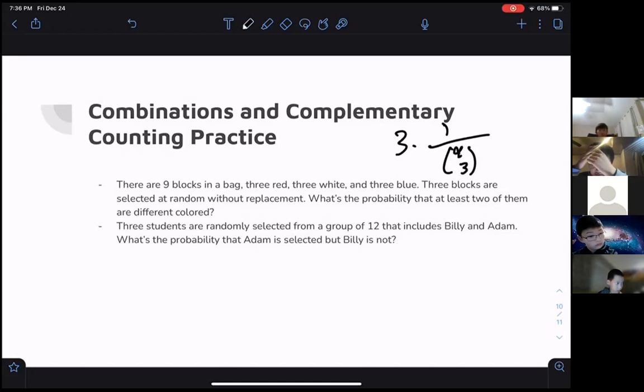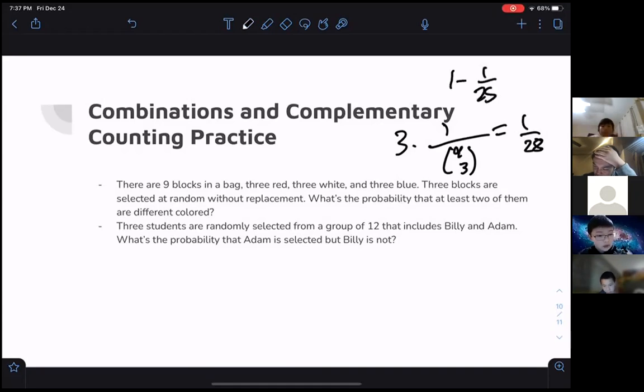If we treat the colors of the blocks we chose as the distinguishing factor, not the order, it makes it a little marginally simpler. And so it's 3 over 9 choose 3. I believe that should be 1 over 28, if I calculated that right. And then you subtract that from 1, it's just 27 over 28. And I'll leave people to work on the second problem after. So yeah, just try that.